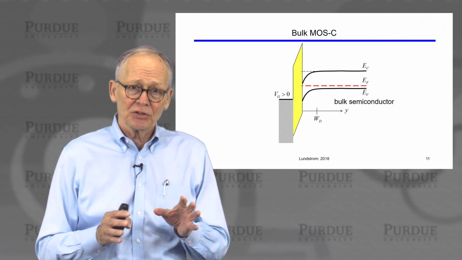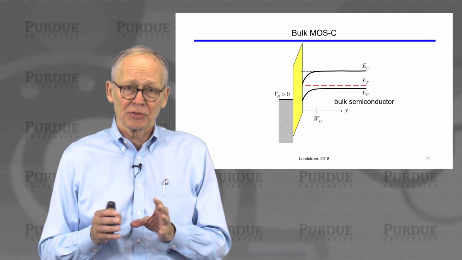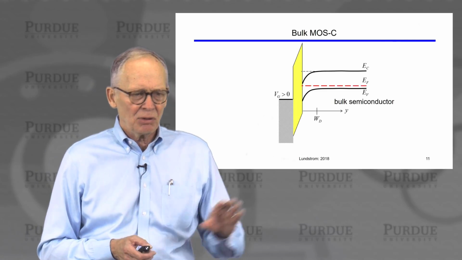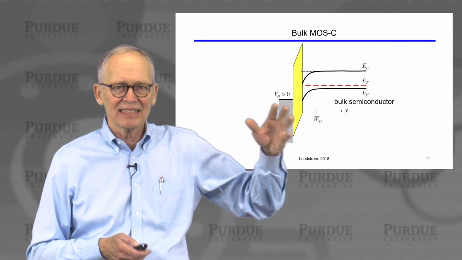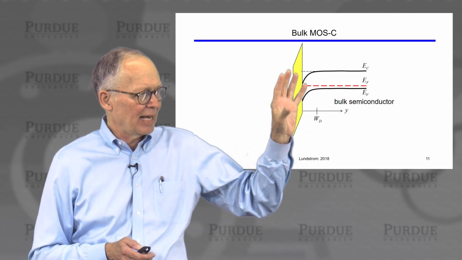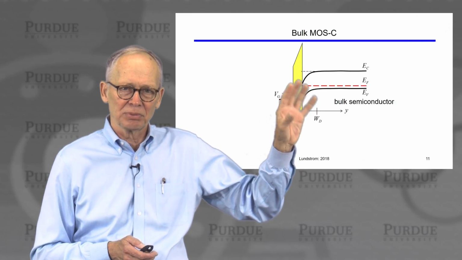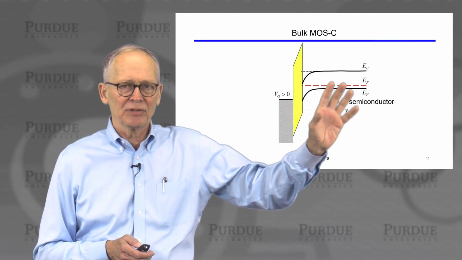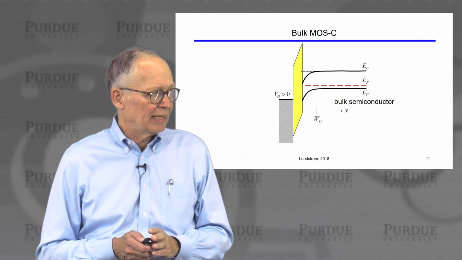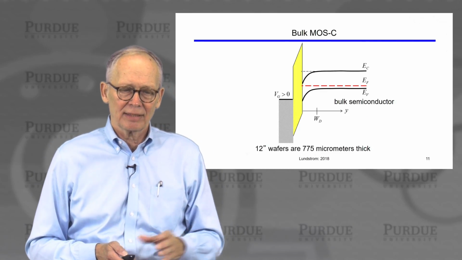Okay, so we have an understanding of how charge versus surface potential works in a bulk semiconductor. By bulk semiconductor, I mean one that is essentially infinitely thick. That is, everything that happens near the surface, the depletion and inversion, and then we have a neutral semiconductor that could go on infinitely long. That's what we call a bulk semiconductor.